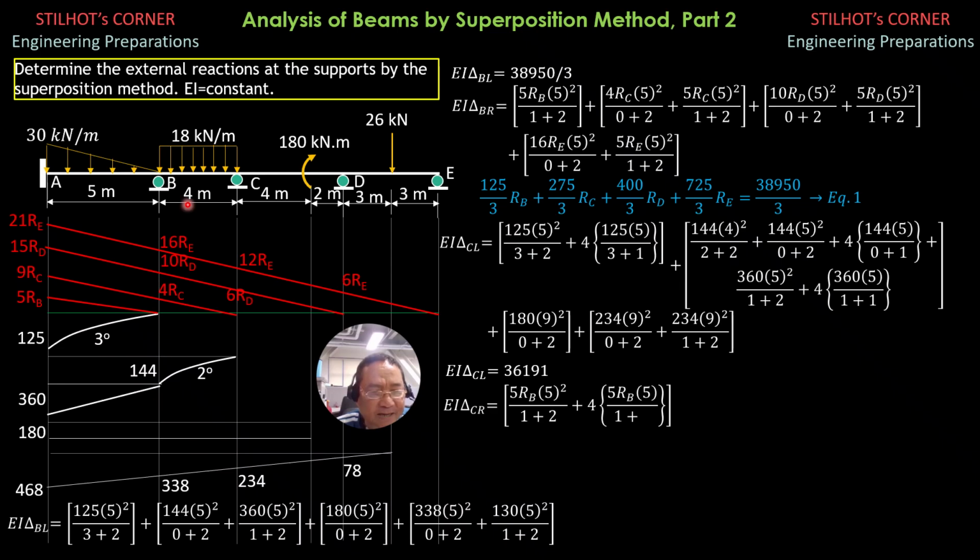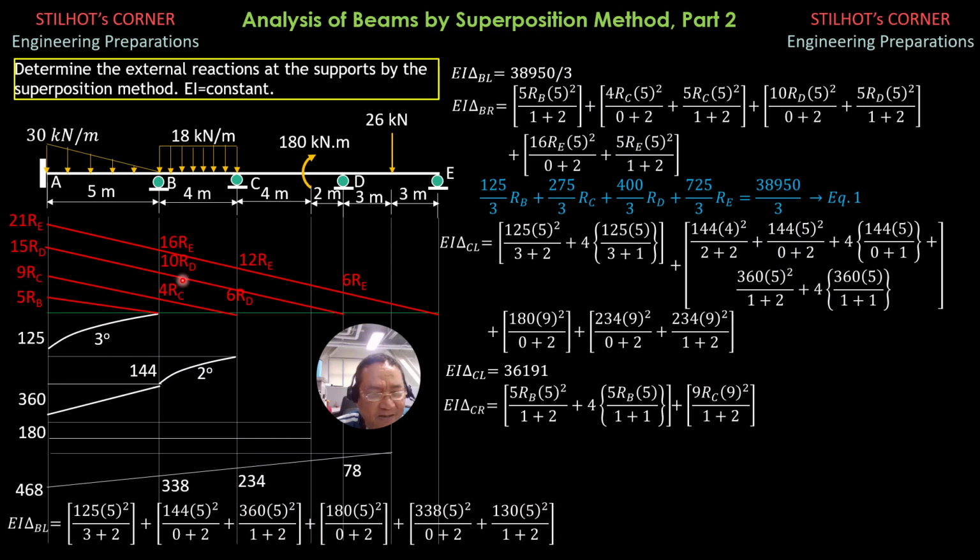Then slope, 4 times quantity moment 5 RB, length 5 over first degree plus 1. So 1 plus 1. Then due to this reaction RC, it is 9 RC at wall A. The length is 9. So it is just 9 RC, 9 square over first degree plus 2. That's for RC.